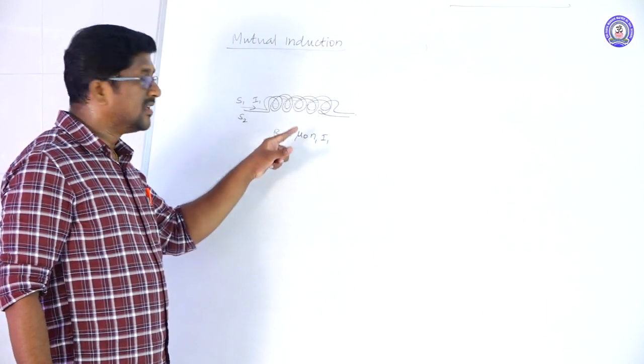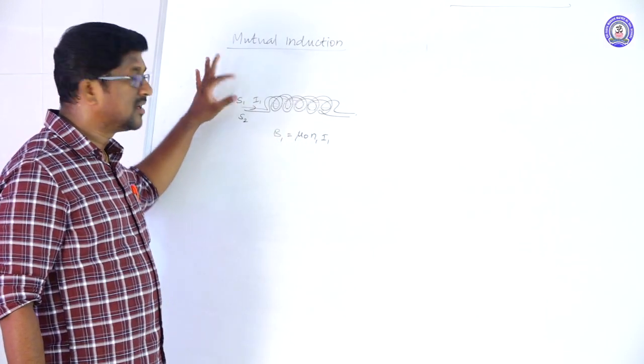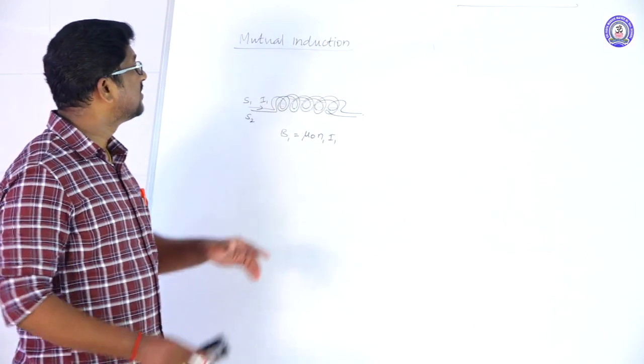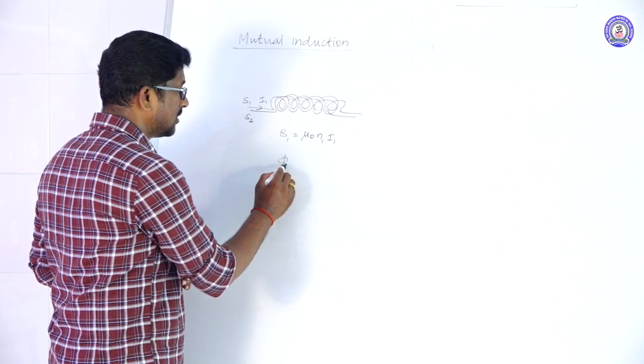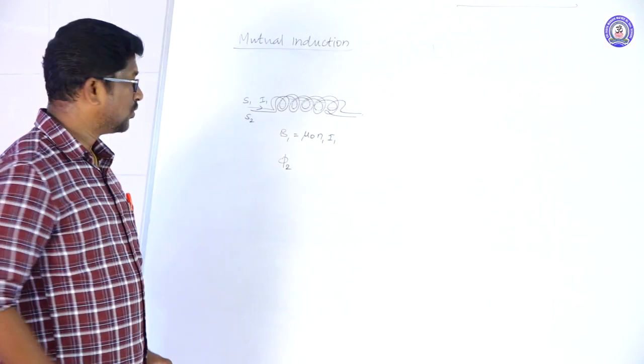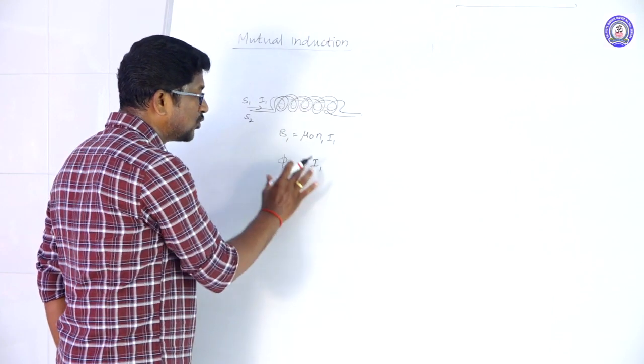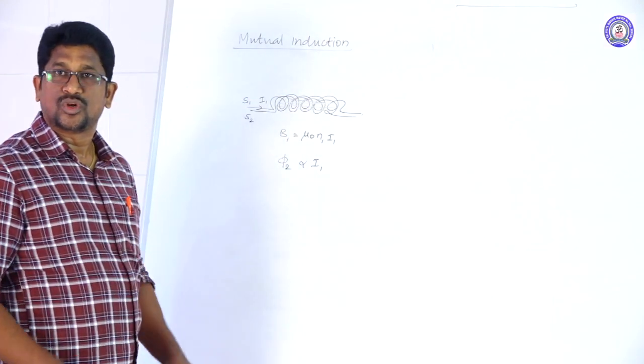So this magnetic field is linked not only with the first solenoid but also the second solenoid. The total magnetic flux linked with the second solenoid is denoted by phi 2. This value is always directly proportional to the magnitude of the current I1 flowing through the first solenoid.